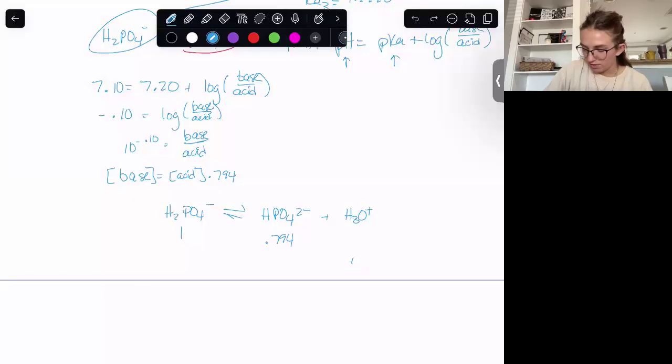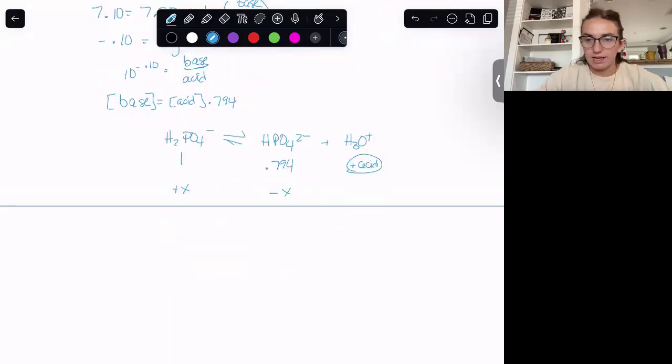It will react with your base, so you'll subtract from your base component but add to your acid component. You're using up some of the base through the addition of acid, creating more of that conjugate acid, or the weak acid you started with.